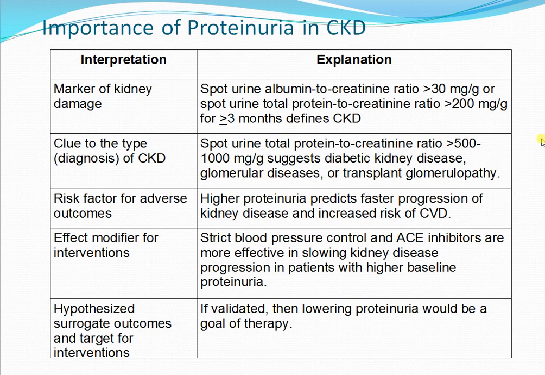The actual problems begin when the proteinuria is more than 500 to 1000 milligrams. That's when you say there is heavy proteinuria happening. Nephrotic range proteinuria is more than 3 grams. An important concept in delaying the progression of kidney disease is reducing the amount of proteinuria. That's my whole point in bringing this up.